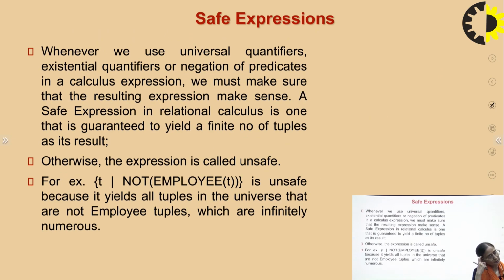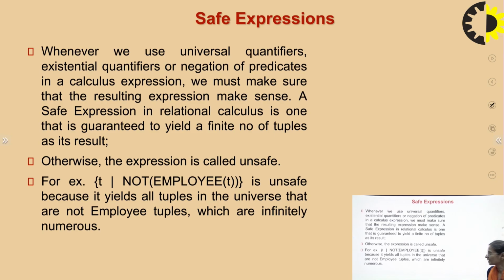The important thing is that we need to see that the expressions need to be safe. Whenever we use quantifiers or negation of predicates, that is a not operator, in calculus expressions, we must make sure that the resulting expression makes some sense. A safe expression in relational calculus is one that is guaranteed to yield a finite number of tuples as its result. Otherwise, it is called unsafe.